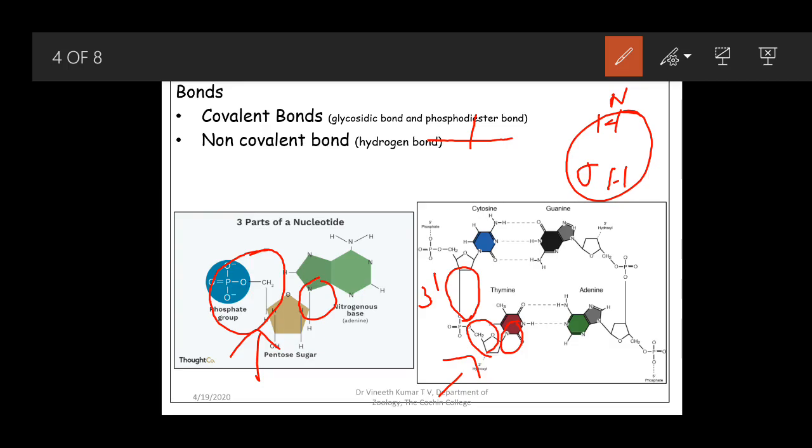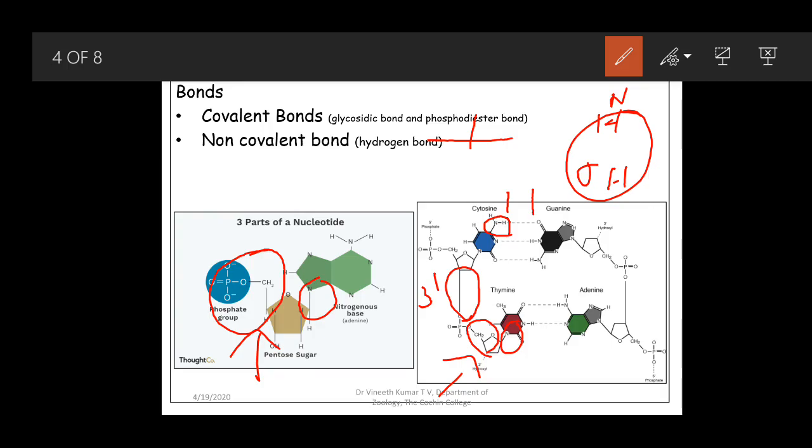Here you can see an oxygen, and here a hydrogen. There is one more criterion: the hydrogen forming the hydrogen bond should belong to, or be paired with, another electronegative atom.